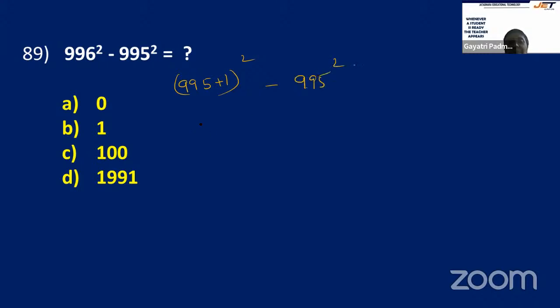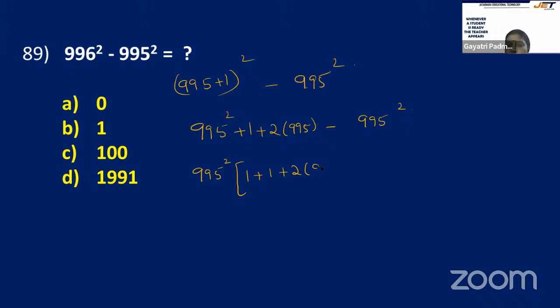So here you have, this is a plus b the whole square. So a square plus b square plus 2 into a into b, minus 995 the whole square, isn't it? Right. So now let's take 995 the whole square outside.